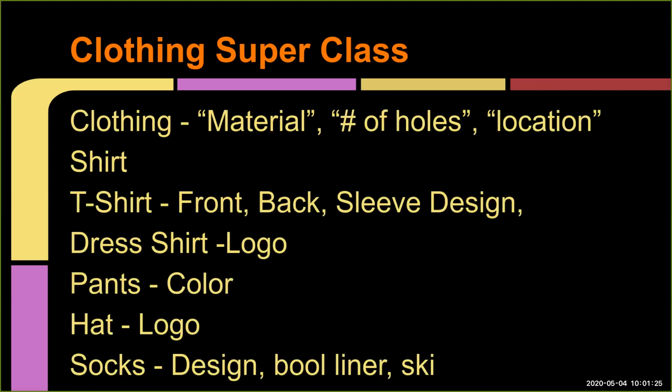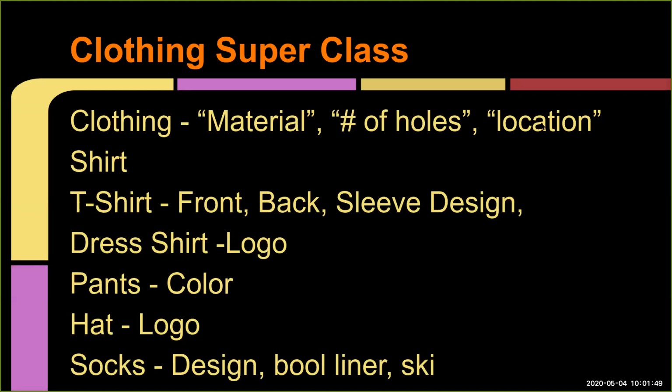Okie dokie. So for clothing, and I just started typing this up, maybe you have this super class, or the parent class of clothing, and it has private parts like material, number of holes, or maybe location worn.